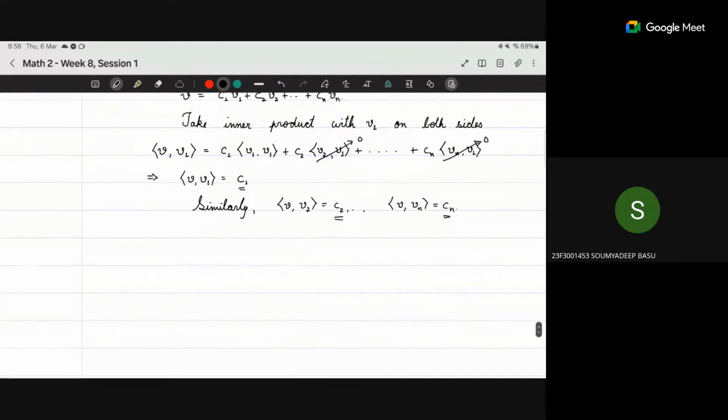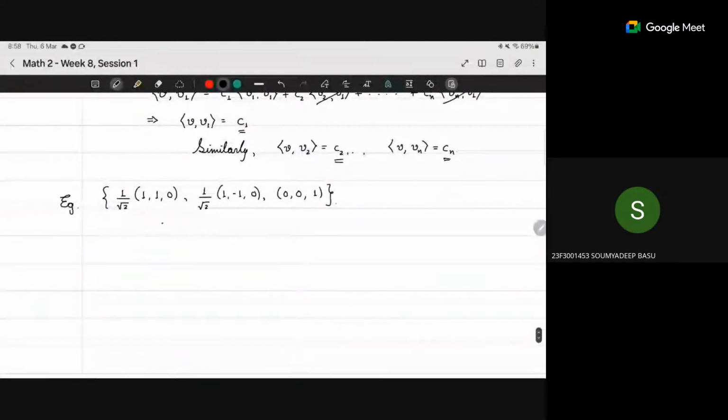Let's see an example to make this more clear. What was the earlier orthonormal basis that we produced? 1 by root 2 times (1,1,0), 1 by root 2 times (1,-1,0), and (0,0,1). We had seen that this is an orthonormal basis. Suppose I want to find the representation of, I don't know, (5,6,3). Let me call these V1, V2, V3.